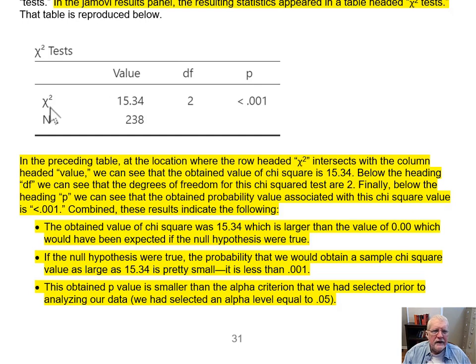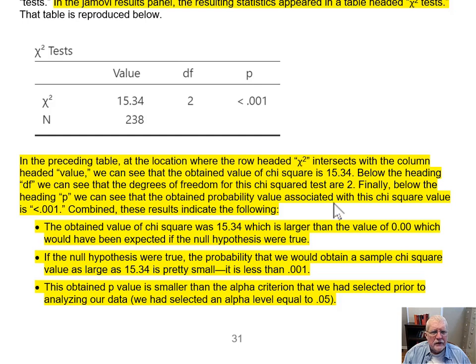My obtained value for the chi-square statistic is 15.34. Below the heading DF for degrees of freedom, we can see the degrees of freedom for this chi-square statistic was 2.